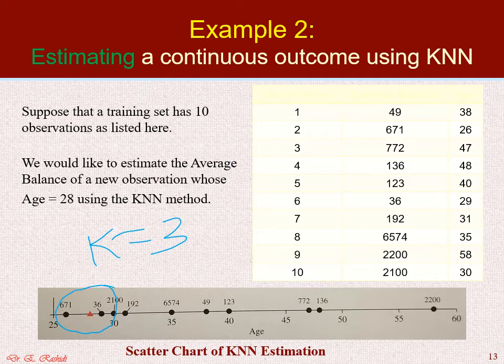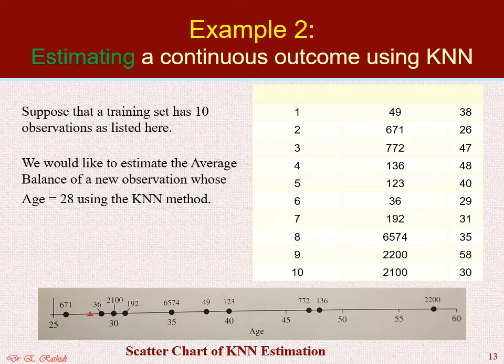So what we can do to make a prediction for the average balance is just to find the average of these three balances. So it would be the average of $671, $36, and $2,100, which would be about $935.